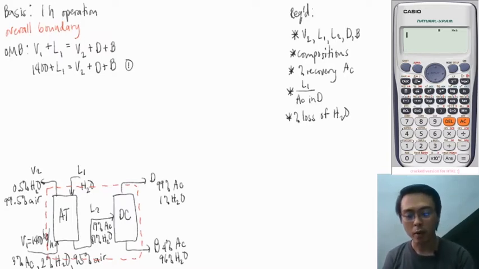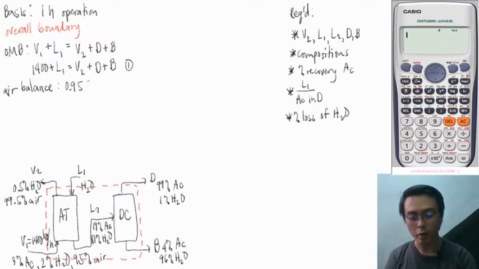So let's perform our air balance. What would be your air balance? That is 95% of V1, which is 1400, equal to 99.5% of V2. Coming from this equation, we can now solve for V2.